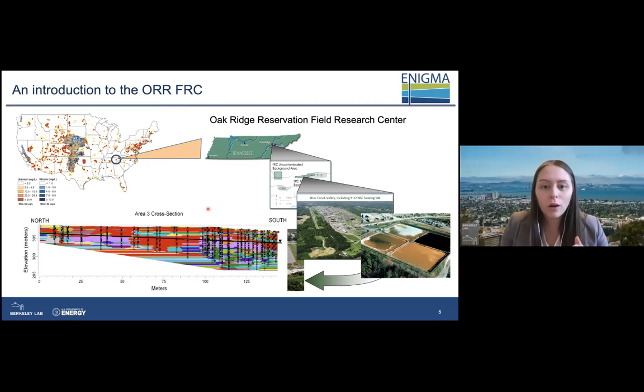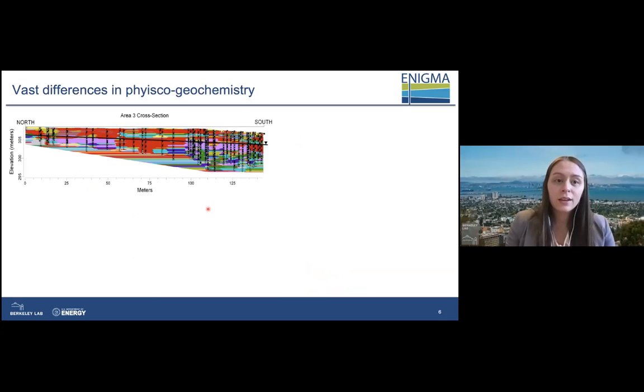And so what this all results in are lots of very different microniches in the terrestrial subsurface. You have sites or cores right close to each other that seem to have very different geochemical properties. And so that is really going to influence our microbial communities and how they're structured and how they function.